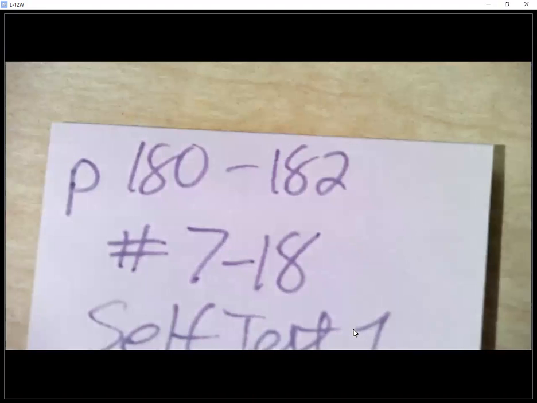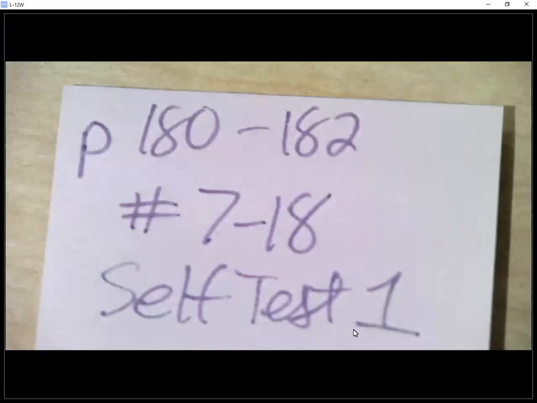Pages 180 to 182, 7 through 18, and self-test one. That's it. Okay, let me know if you have questions.